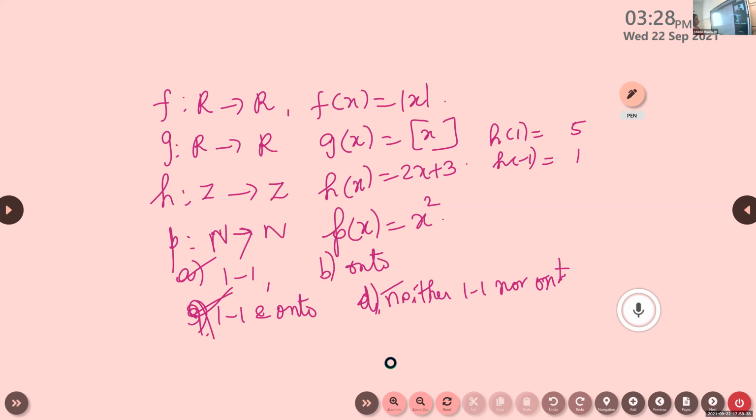What is the answer, Aryan? P from N to N defined by P of x is equal to x square. Is it 1-1 and onto? Options are the same options.